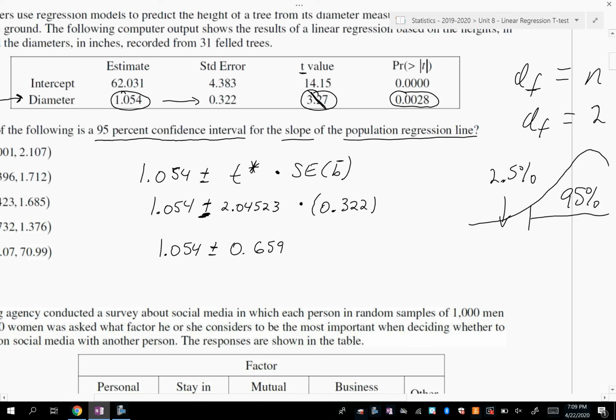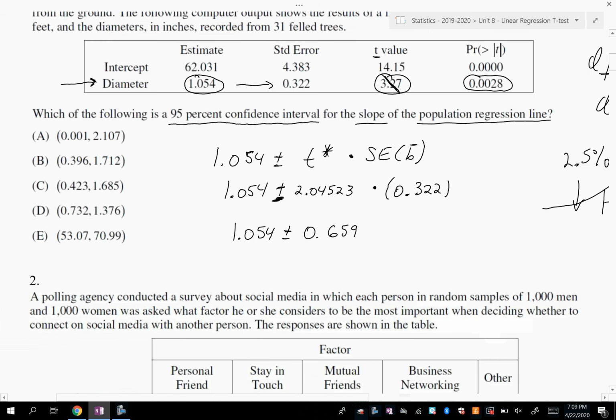Okay, so to find the answer, I'm going to take 1.054 minus 0.659 and get 0.395, and then 1.054 plus 0.659 to get 1.713. So I look for the answer that's closest to that, and it looks like the answer that's closest to that is B, with rounding.